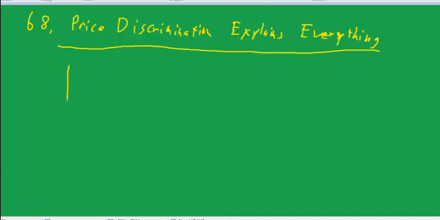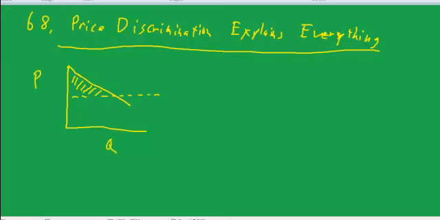So price discrimination is this. You have a firm that faces some kind of downward sloping demand curve. And you know that if you charge the same price for everybody, the consumers get this surplus. That's the triangle in here.